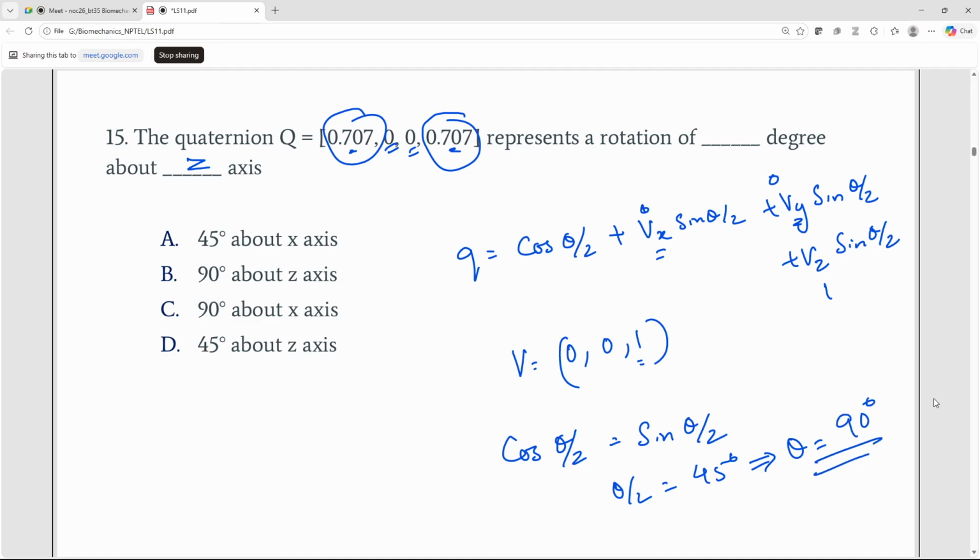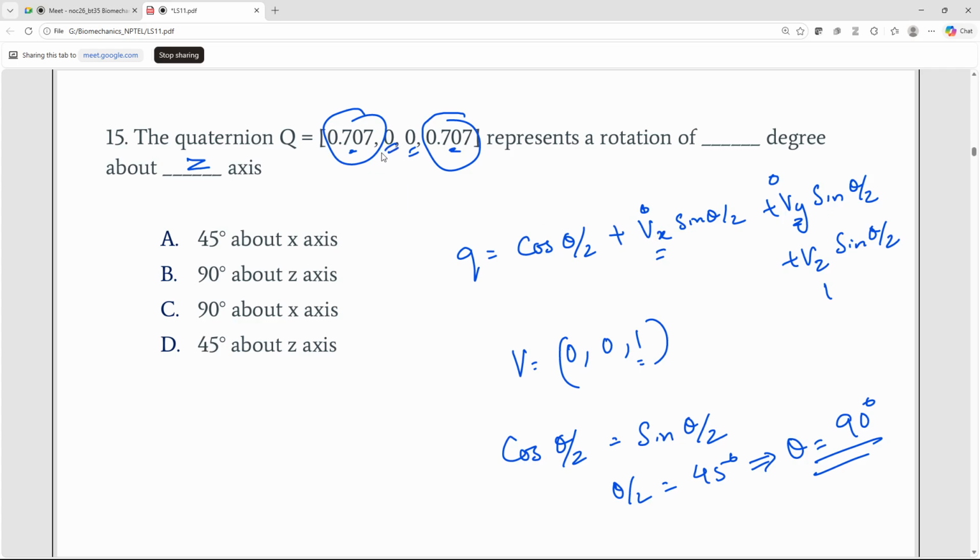So from this simple thing, with your presence of mind itself, you can deduce the answer. We don't have to find the numerical values of the angles, but still, with how the quaternion is formulated, by that itself you can find the solution.